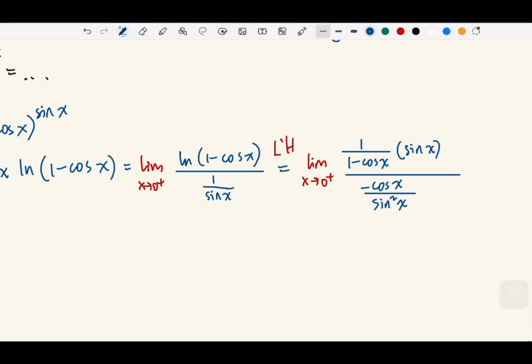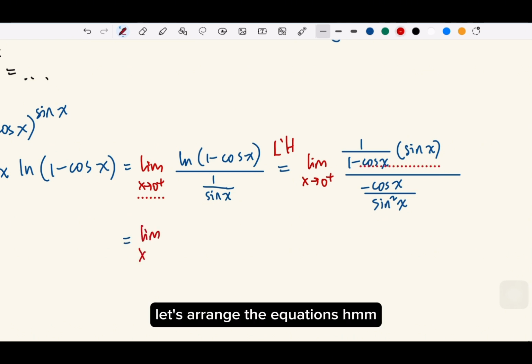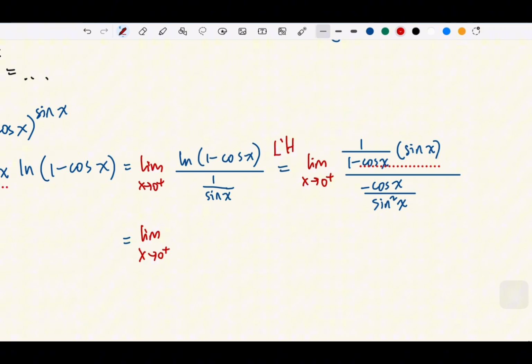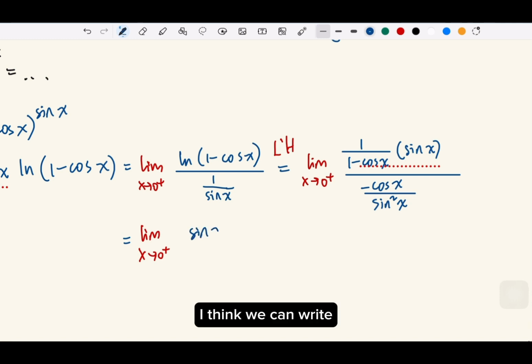So let's arrange the equations. I think we can write 1 minus cosine x.